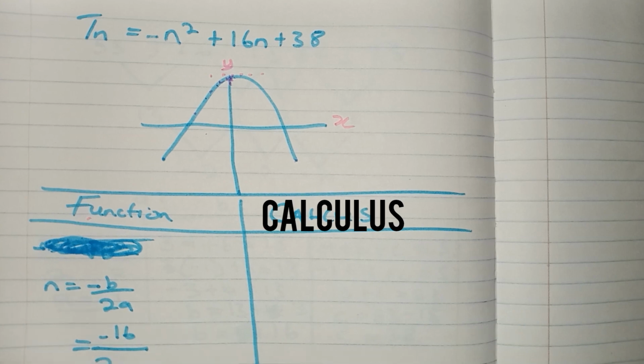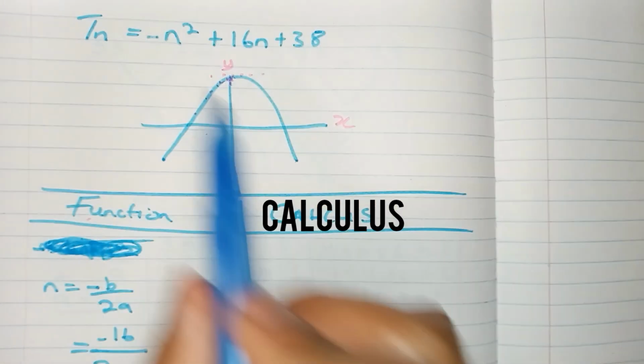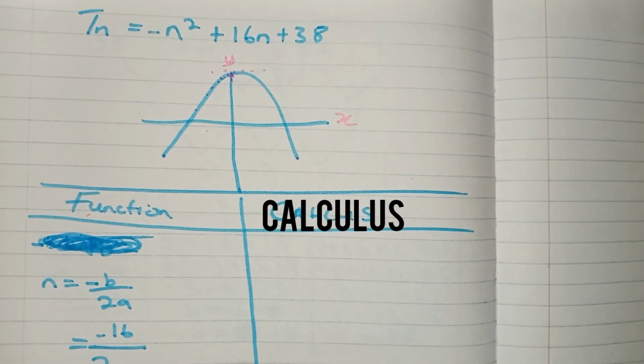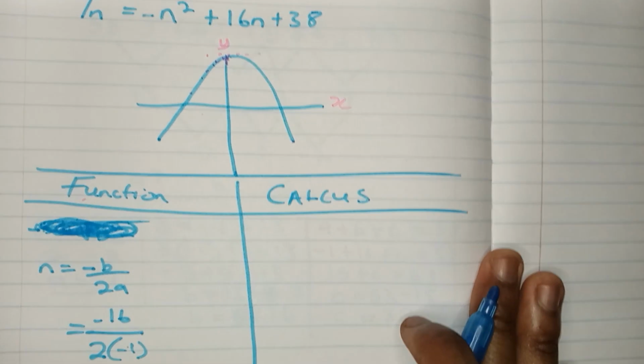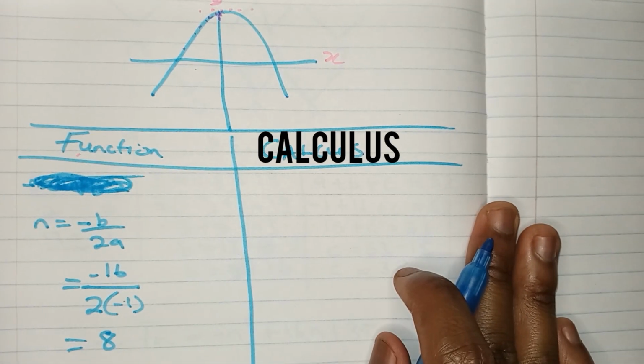So you also say 2, and then a is 1. There's a 1 here, right? So now we have something like this: 2 into negative 1. These are going to cancel, so you're now left with 8, right? So your n is going to be 8, right?